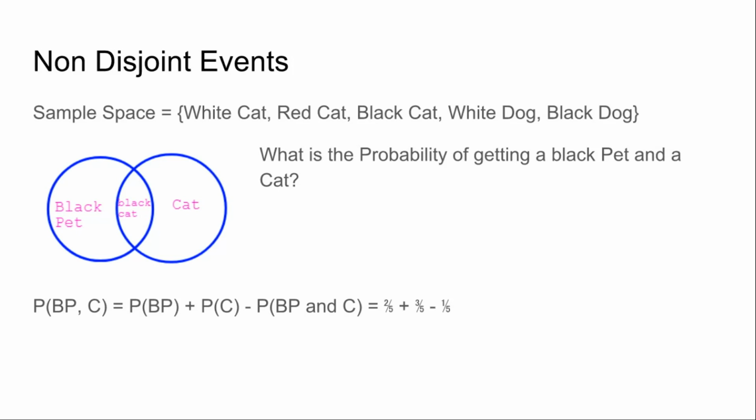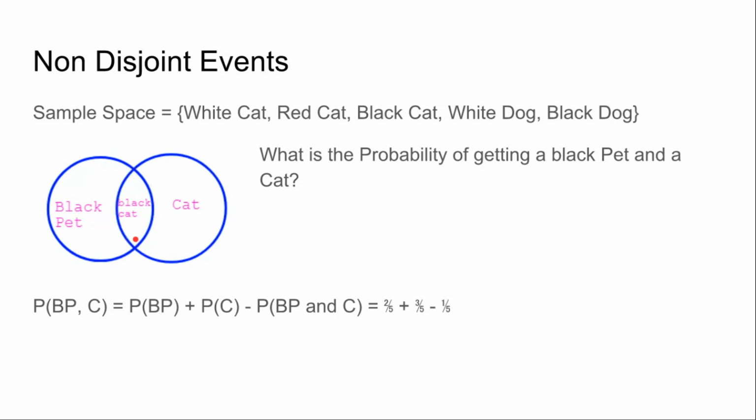Non-disjoint events. Consider this sample space. In the sample space, we have white cat, red cat, black cat, white dog, and black dog. What is the probability of getting a black pet or a cat? If we apply the addition rule for disjoint events, we would count the probability of black cat two times.